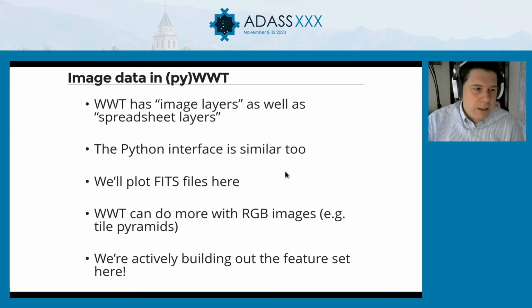In particular, WWT has functionality where I can take a very large image, say the fat mosaic of the Andromeda Galaxy, which is, I think, 3-point-something billion pixels, and it can use its progressive multi-resolution capabilities to let you view that image and zoom way in and explore it on the fly and stream it all. Right now, that only works with images that have been converted to RGB mode, like a JPEG or whatever.